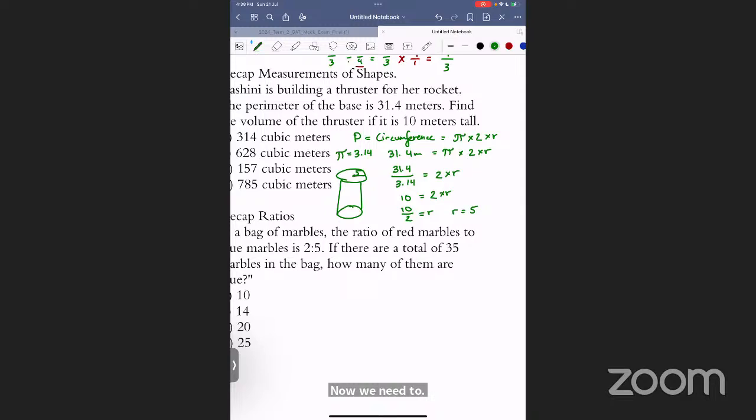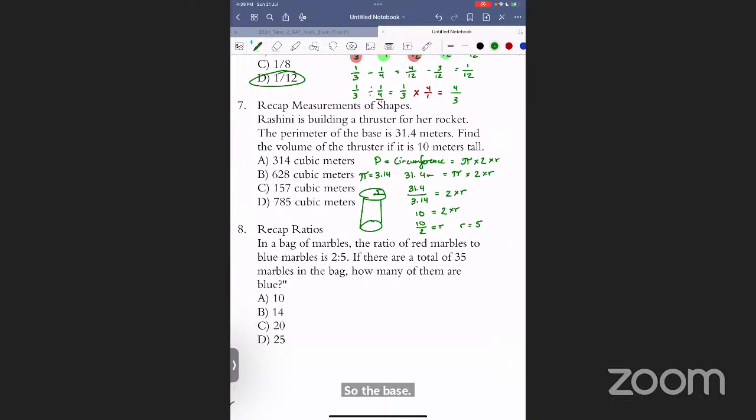Now we need to find the volume. The way you find the volume of any prism, and this is a prism, is you find the area of the base and then you multiply by the height, right? So we need to find the area of the base. The radius was 5.